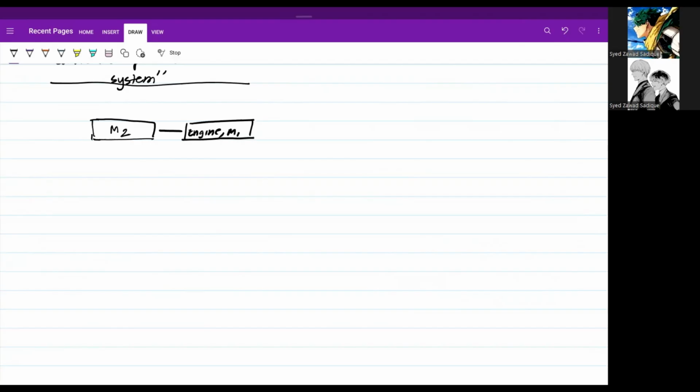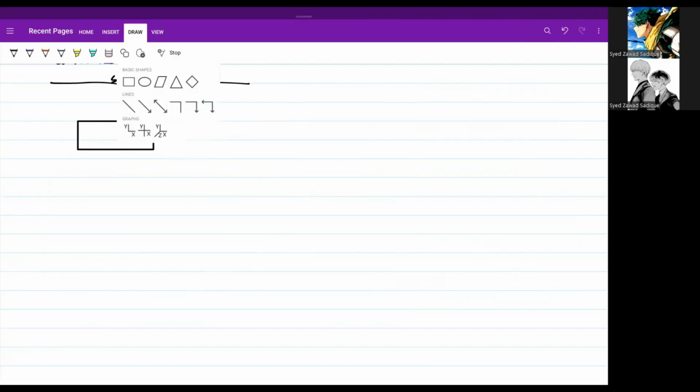Actually, I'm kind of wrong. I need more space to do this. Why am I getting it wrong? All right. So let's say this is the mass two, and this is the engine.